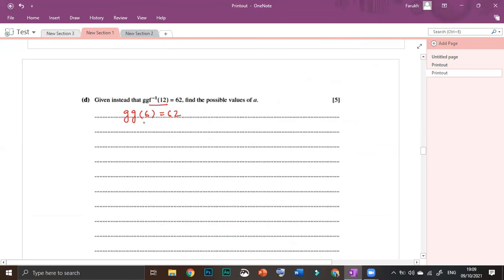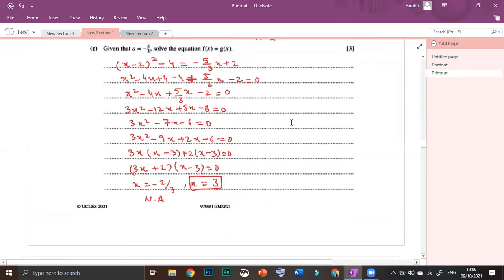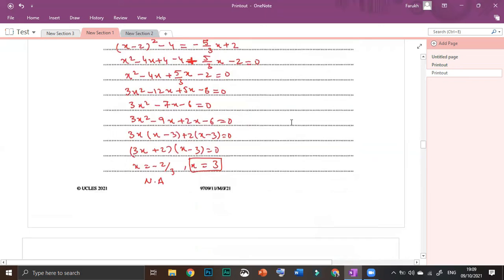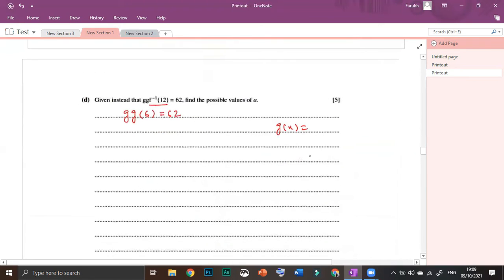Now we will find out g of 6. Here we have g of x is equal to ax plus 2. g of x is equal to a times g of x plus 2.